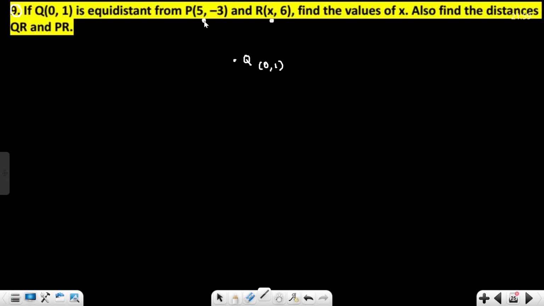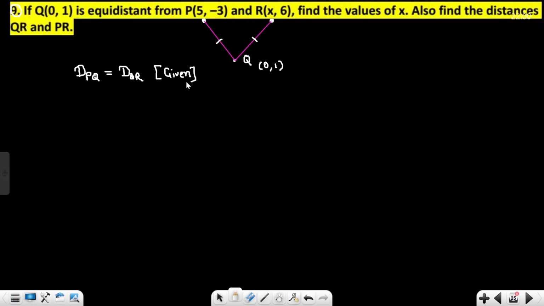So the distance of PQ is equal to the distance of QR. It's given in the question: Q is equidistant from P and R. It means both distances are equal. We can write the given information as the distance of PQ is equal to the distance of QR. It's the given condition.